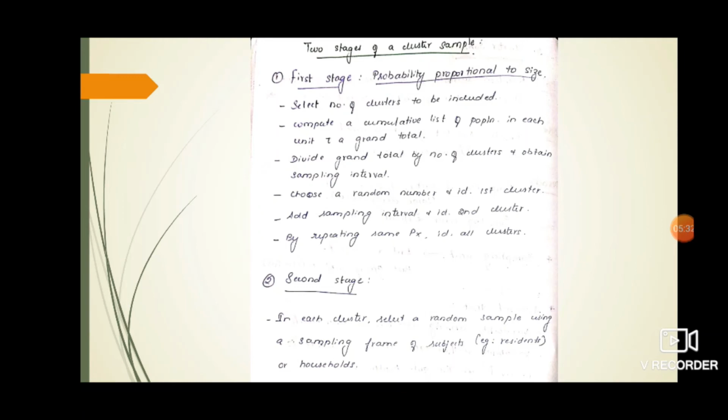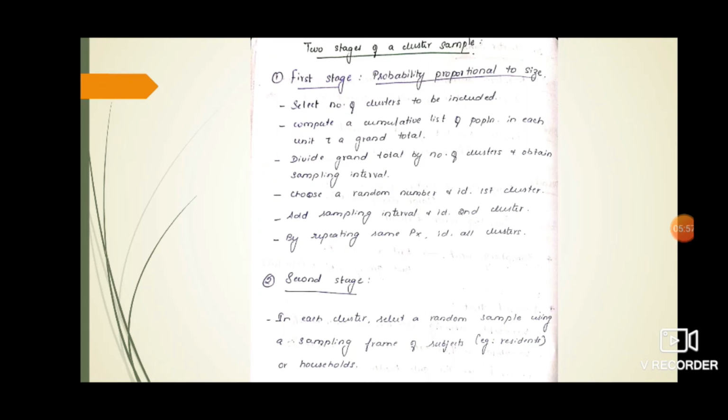There are two stages of cluster sampling. First is probability proportional to size: select the number of clusters to be included, compute a cumulative list of the population in each unit with the grand total. Then divide the grand total by the number of clusters to obtain the sampling interval. Then choose a random number and identify it as the first cluster.